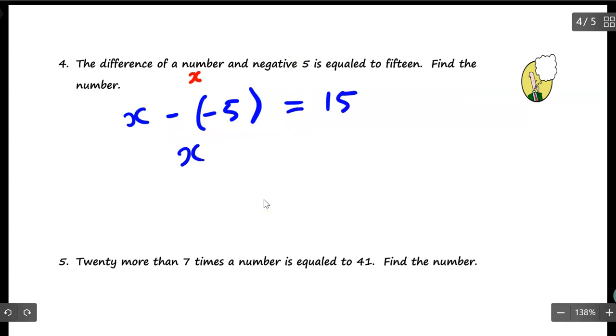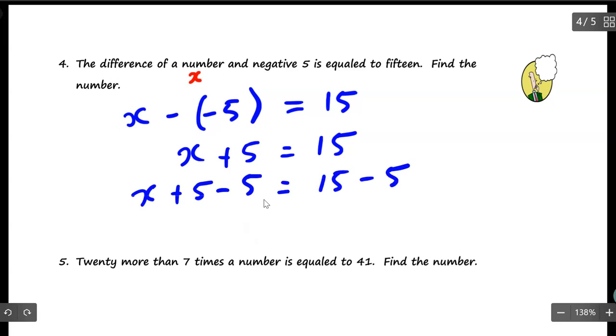So in this case, x plus 5 should be equal to 15, and then I subtract 5 on both sides, so x is equal to 10. So the difference of 10 and negative 5 is equal to 15.